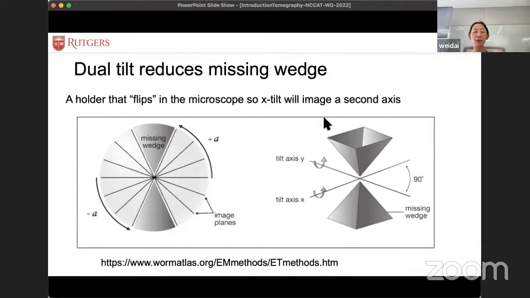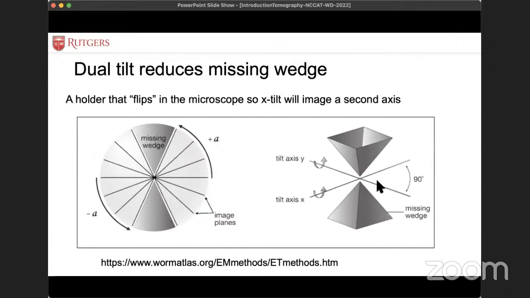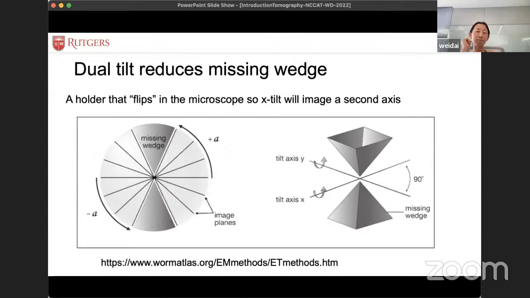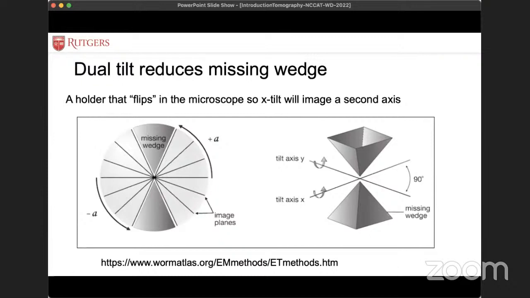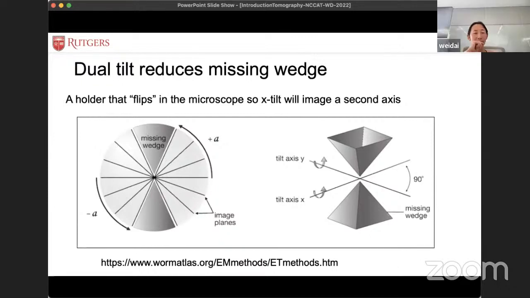Most of the microscopes at NCCAT, you can actually flip the axis in the microscope, allowing you to take another tilt series along Y, for example. If you combine the two tilt series into one, the missing information is smaller. The missing range is smaller, from a wedge probably to a cone, right? Right. But can you think of any disadvantages? The ice thickness might be different at the different angle, right? Anything else?